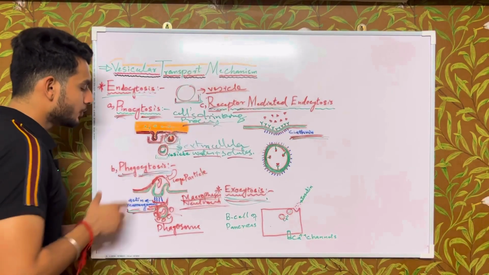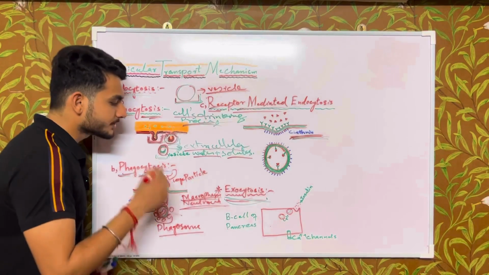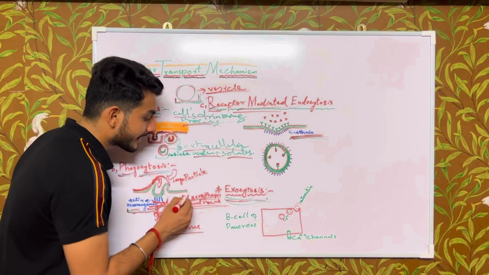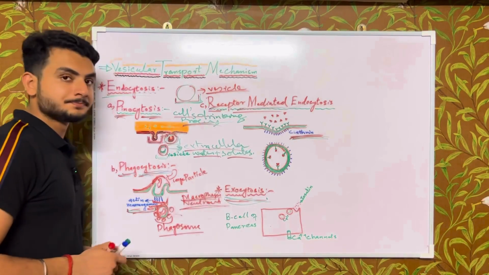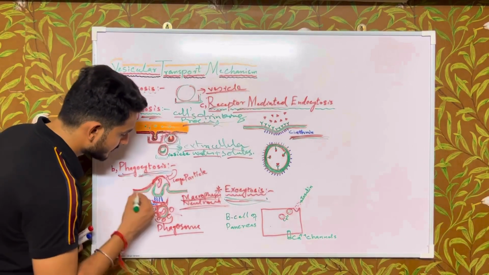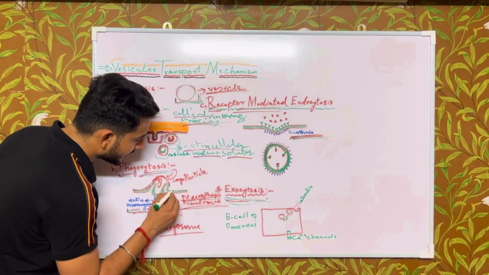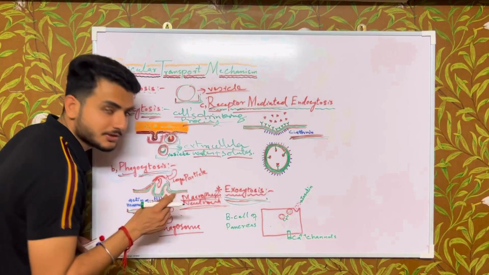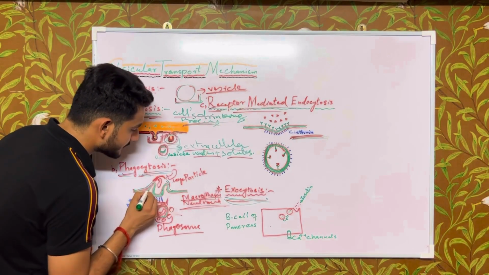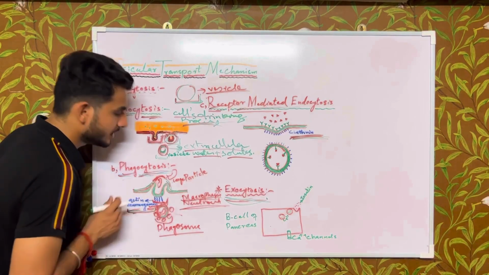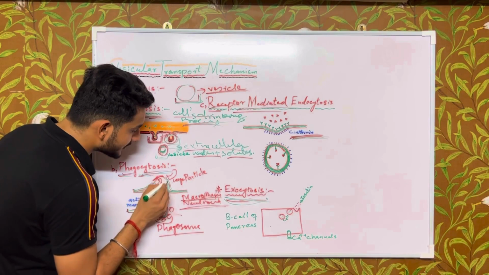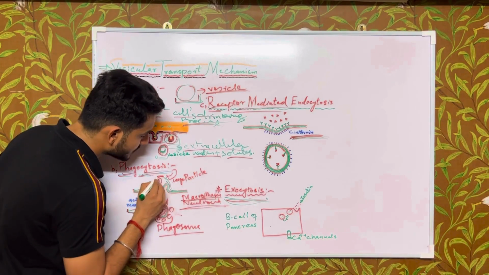Let's move on to phagocytosis. Phagocytosis is shown by phagocytes, which include macrophages and neutrophils. What happens in phagocytosis? The membrane of these WBCs moves around invading particles such as bacteria or other parasites, until the ends of the membrane fuse with each other.